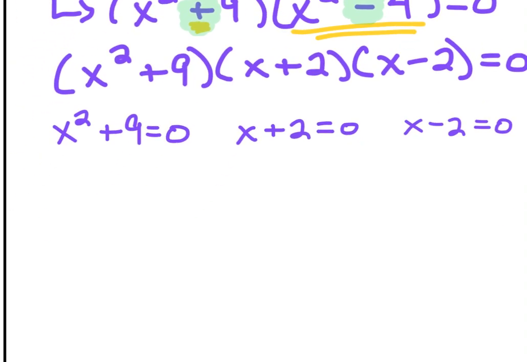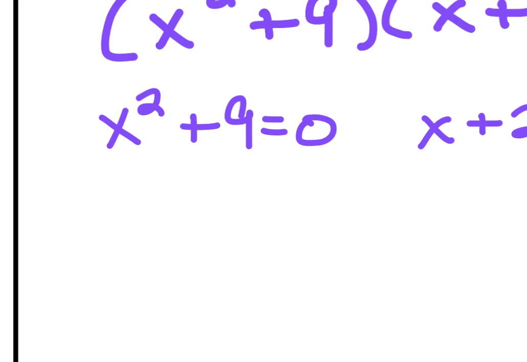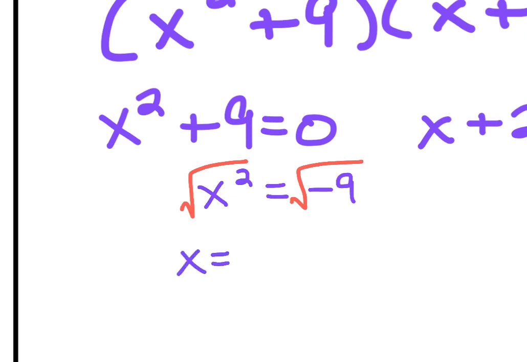And then solve each of those. Subtract 9 here so that you get x squared equals negative 9. And then when you take the square root of both sides of this, two things that you need to remember. First of all, when you take a square root to solve an equation that has an x squared in it, you need to use plus or minus.